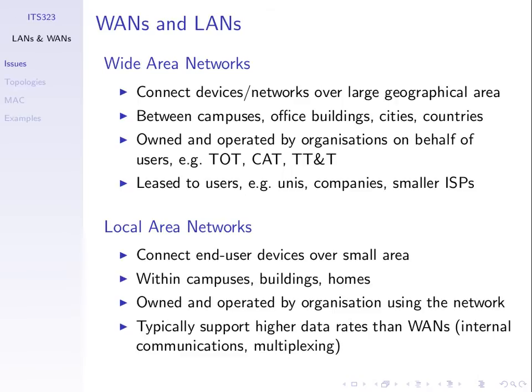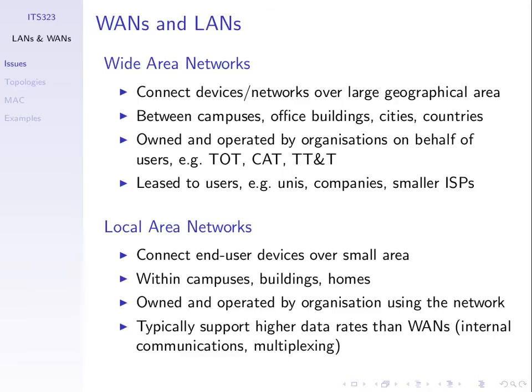And we are the user of that network. So that's one difference between WANs and LANs, and it has an impact on what technology can be chosen. If you own, operate and build the network, then you have more choice as to what technology to use. If you want to rent from someone else, basically you have to choose from whatever they will provide. And usually there are fewer choices of technologies.